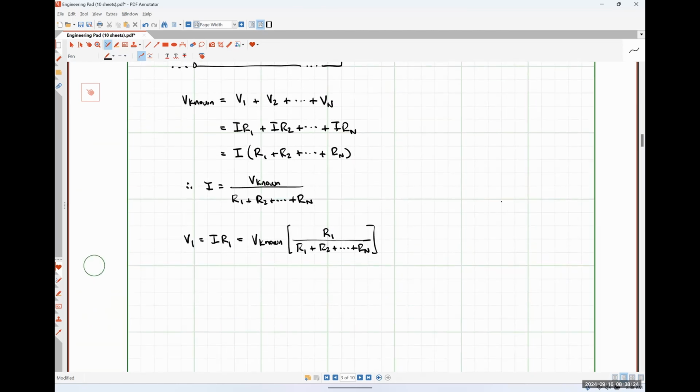In general, the voltage drop across the kth resistor in series, so this is just whichever resistor we are interested in, I'm calling R sub K, is going to be our known voltage across the entire network multiplied by a ratio of R sub K all over R1 plus R2 all the way out to R sub N, or V known times RK over REQ.